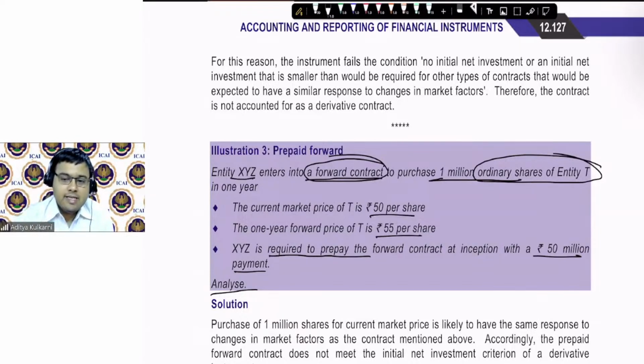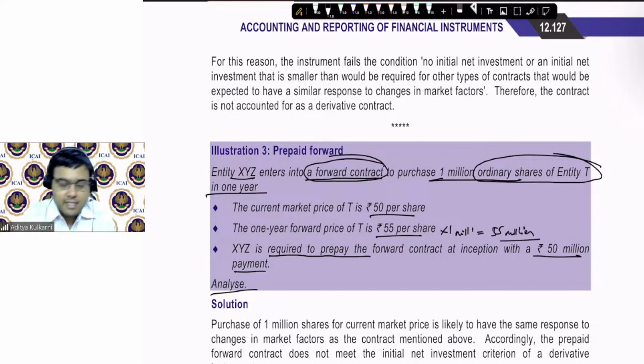Second one, is it settled in the future? Answer is yes, in 1 year. So settlement happens at a future date. Third condition is the payment is insignificant or zero as compared to the whole contract price. Now, if I enter into a forward price today, then it is 55 into 1 million, so that comes to INR 55 million.